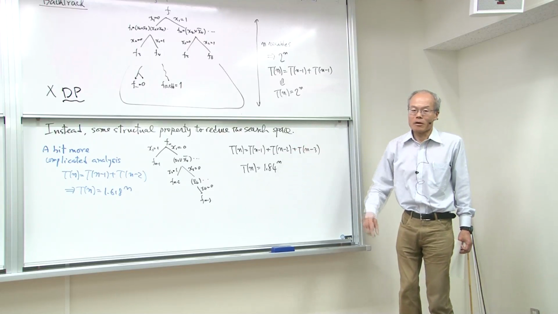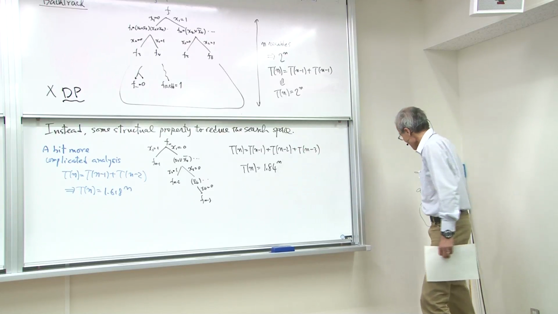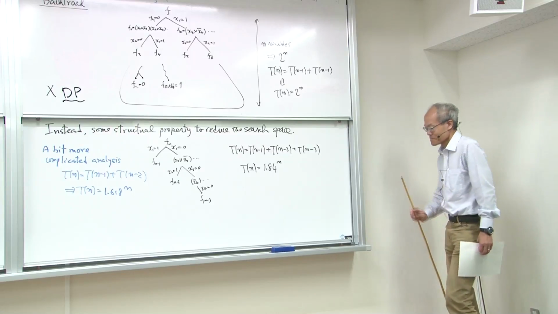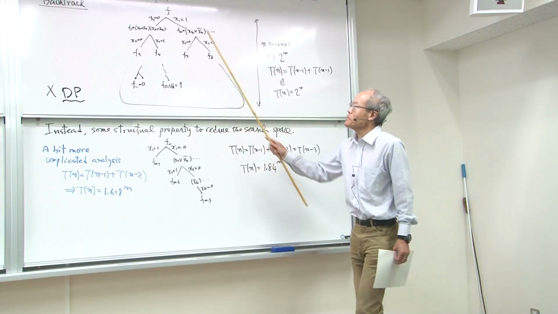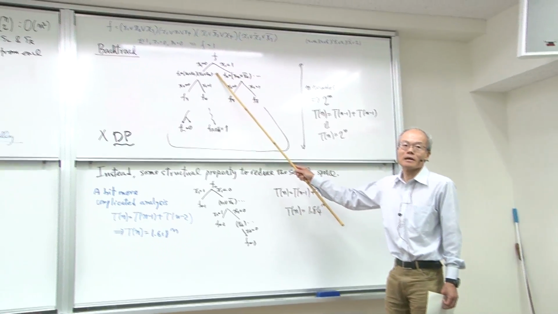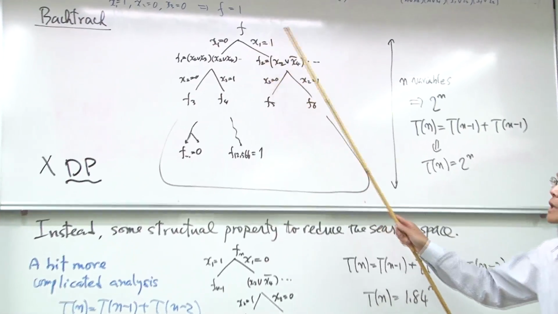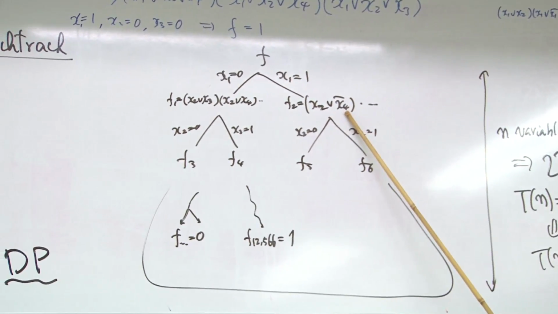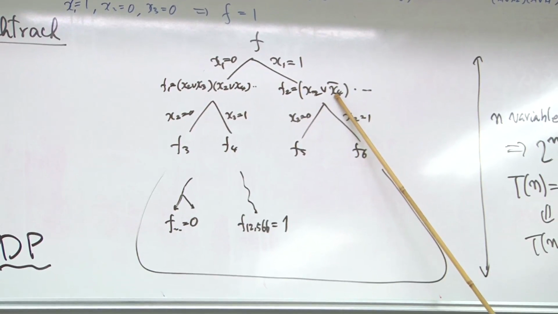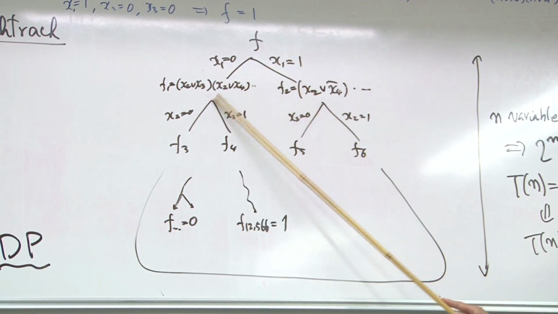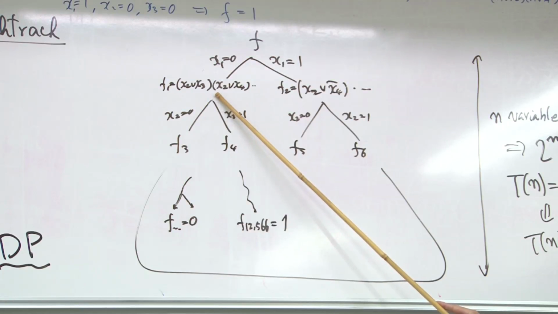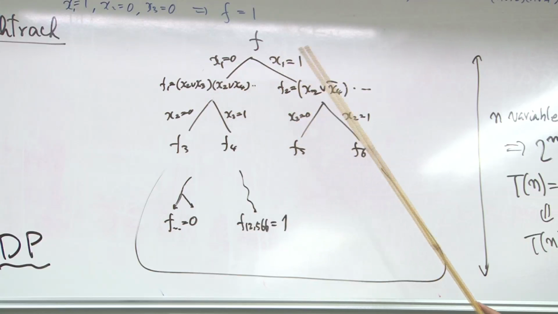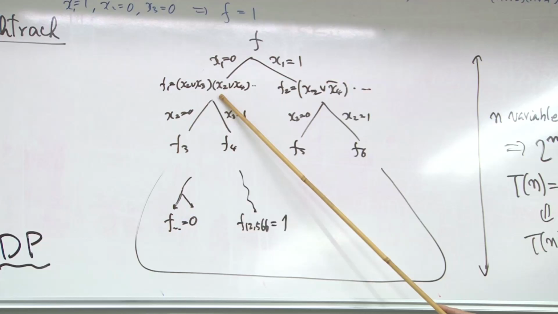Then this is not so difficult. Just look at here. Look at this size tree. Then here we have a clause of size 2. But here we also have a clause of size 2. Okay? So here you have a clause of size 2, but here you also have a clause of size 2.